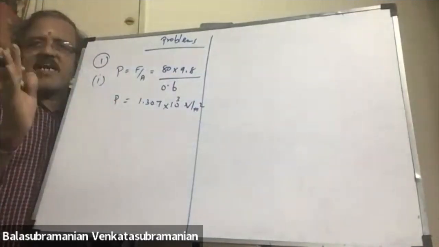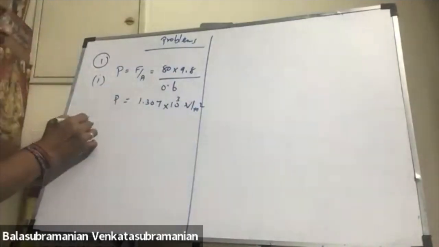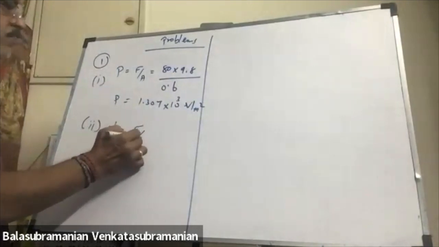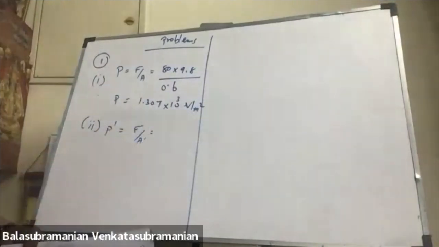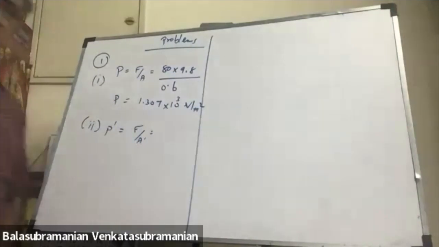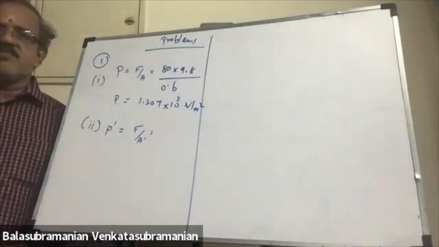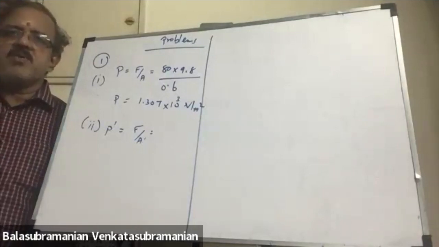When the person is standing, what is the pressure exerted? P dash is equal to F by A dash. Area of the foot is given as 80 centimeter square.